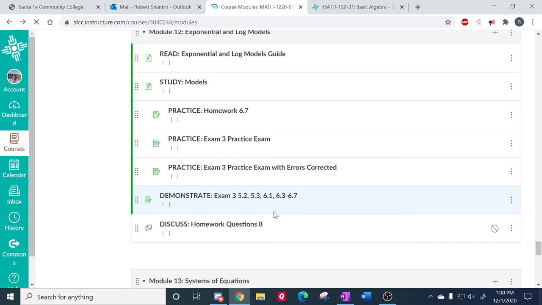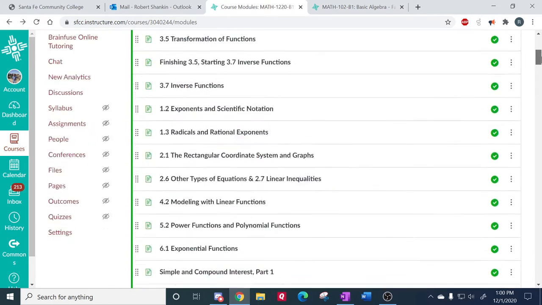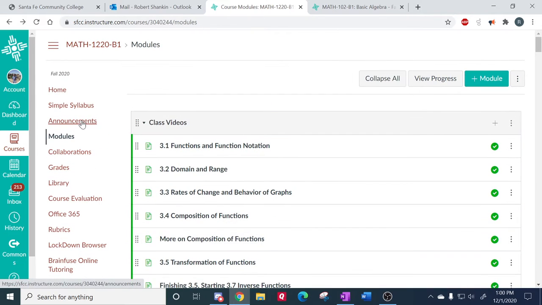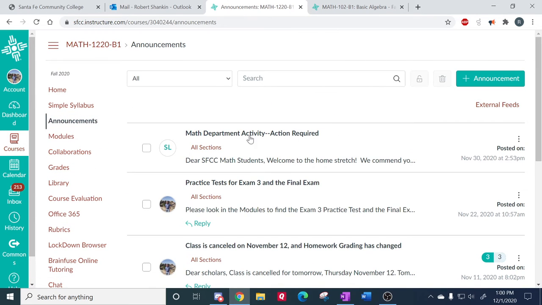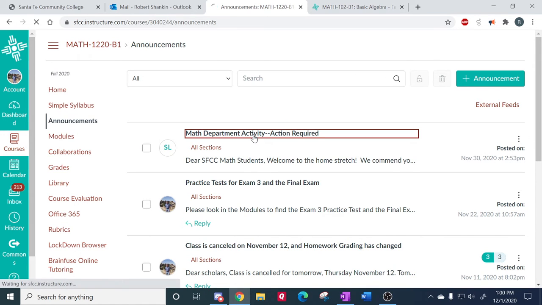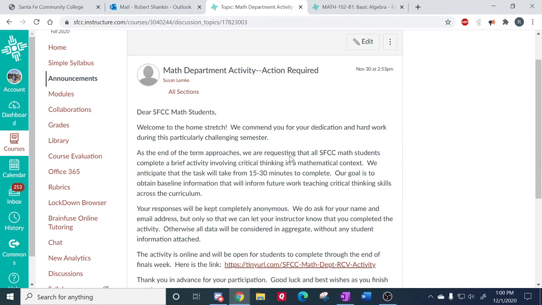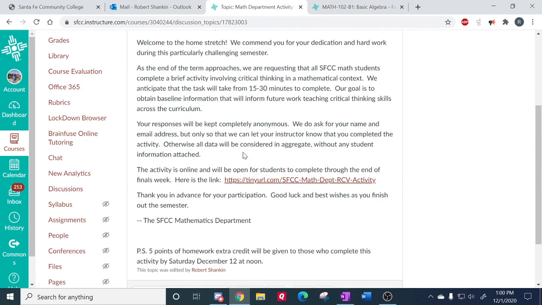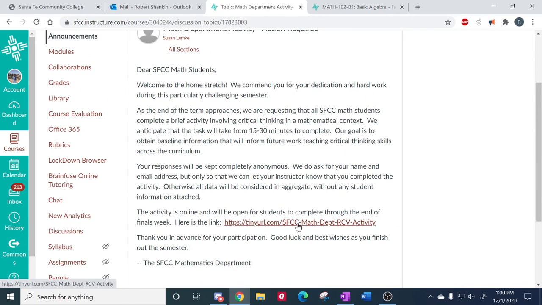And also, in announcements, you might have already noticed math department activity. If you go to this announcement, this is from the math department. It's an activity that they want.